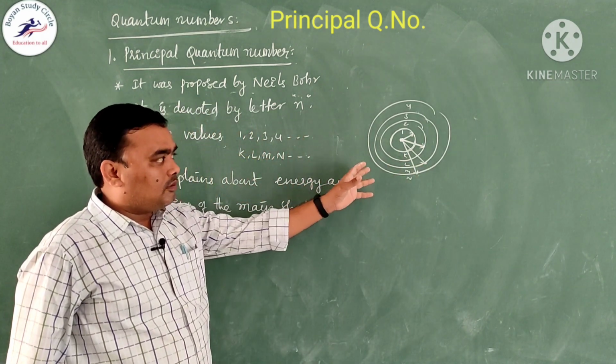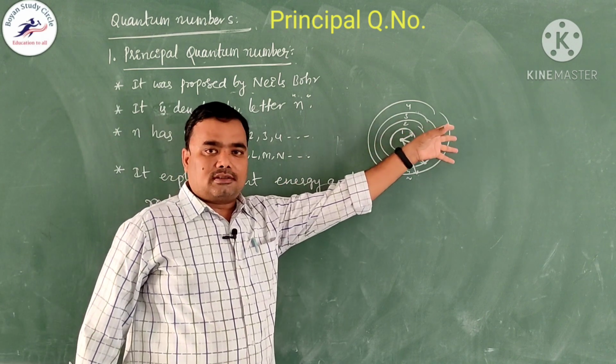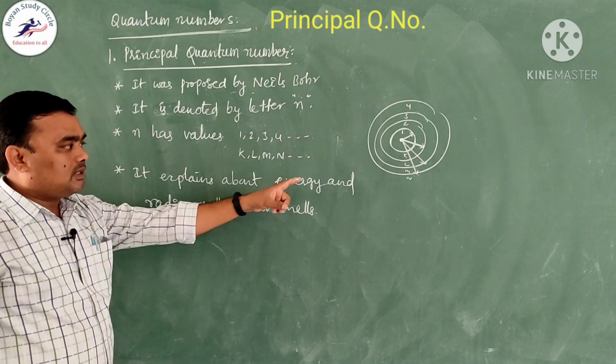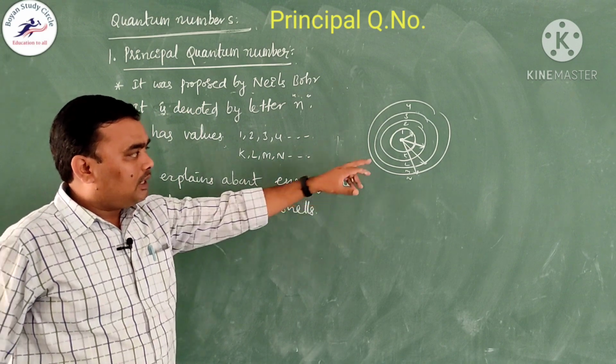As you move away from the nucleus, the distance of the orbit increases, that means the radius increases.